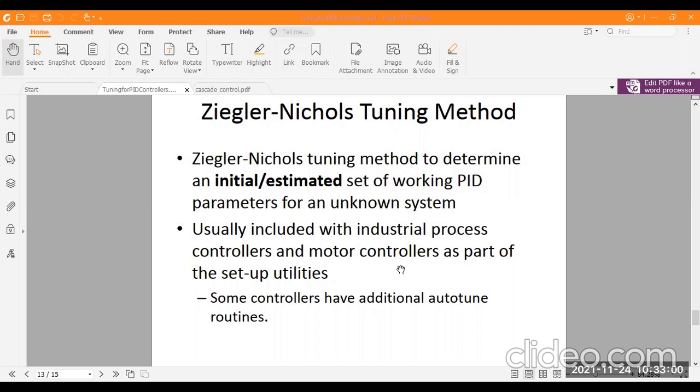So when you use different controllers, that means proportional, integral or PID controllers, and also speed control in motor controllers, in that case we have to use it.